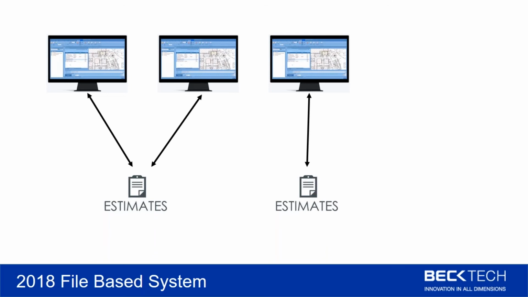So what you're seeing now is how our 2018 and prior versions of Estimator work. They were a file-based system. And what that means is, like Word and Excel, when you go to save a document, it's a file on your machine, and then you can hand that file off to people as you share that information.